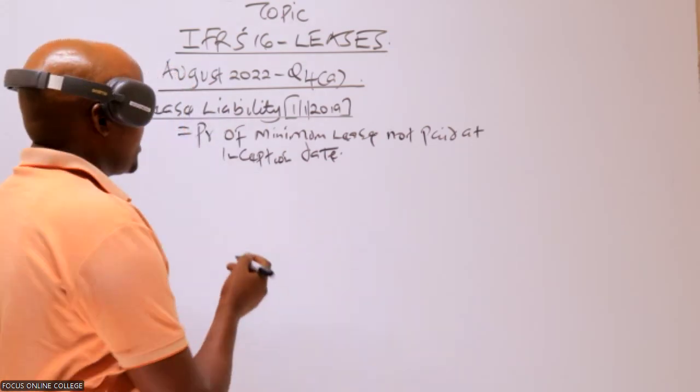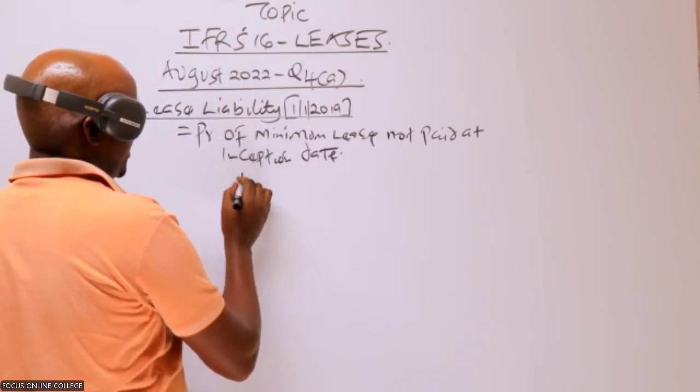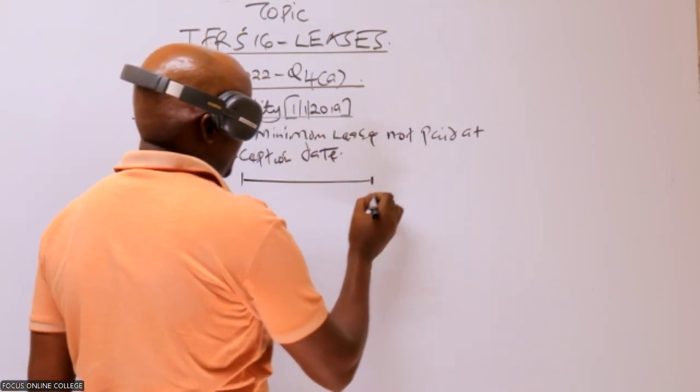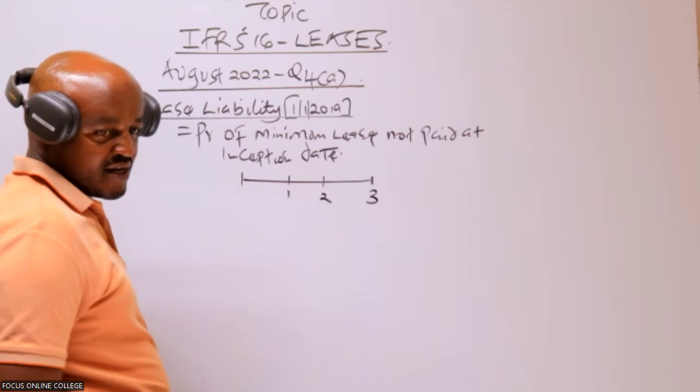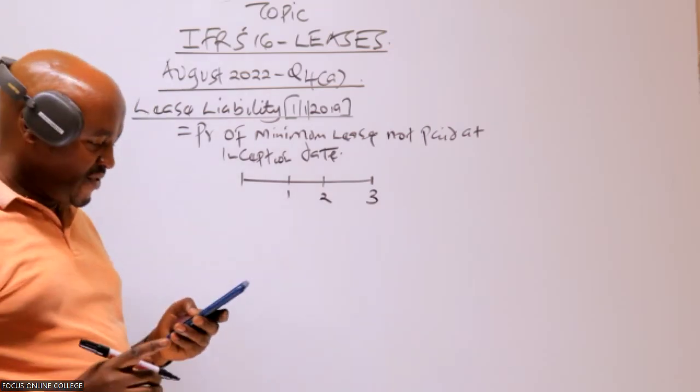So this company leased the asset for how many years? For 3 years. Year 1, year 2, year 3.